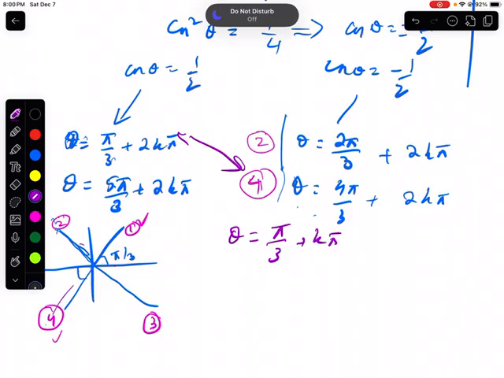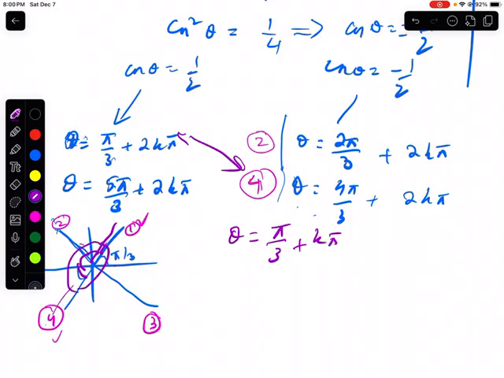Which means its angle starts here, then we go pi units, or pi rotation of angle, and we get the next solution, then we go pi more, we get the next solution, and then we go pi more, and so on.